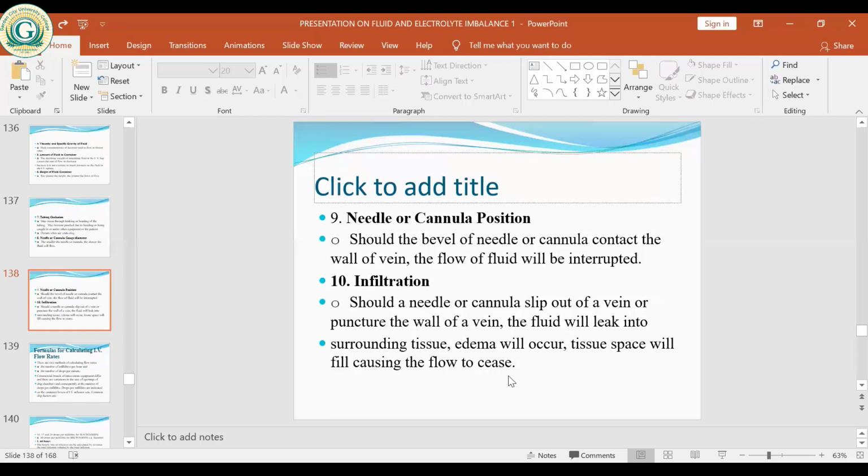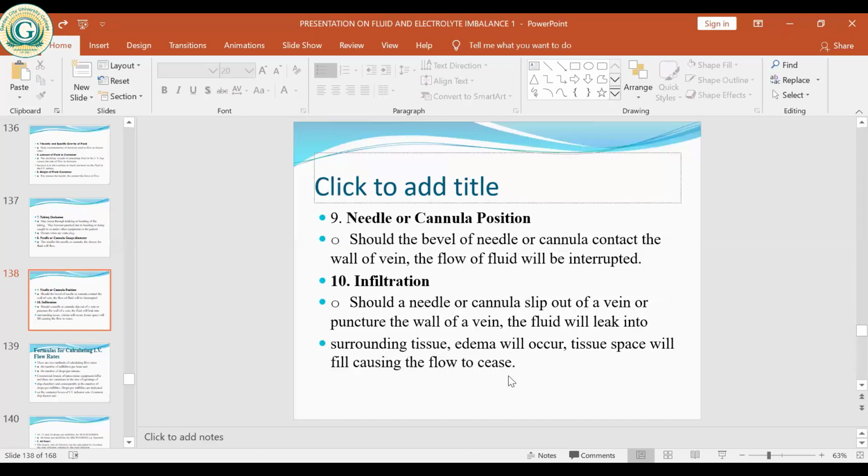So the space around the needle becomes filled with fluids. So you say there's infiltration. Infiltration has occurred, but the needle is in the interstitial space. I hope it is clear.